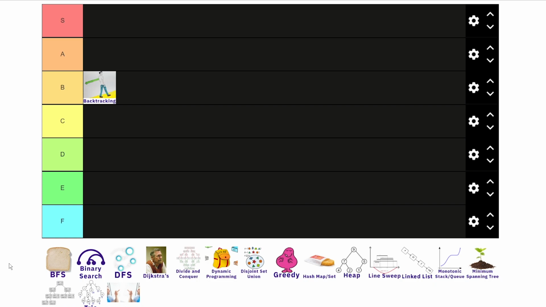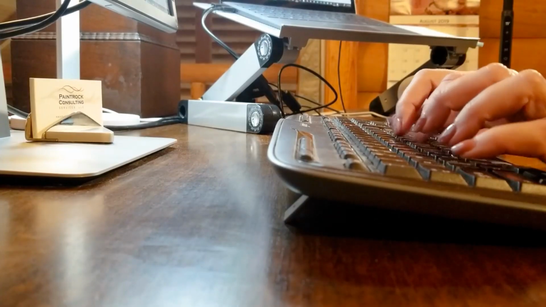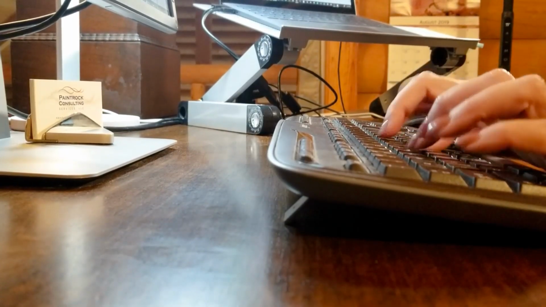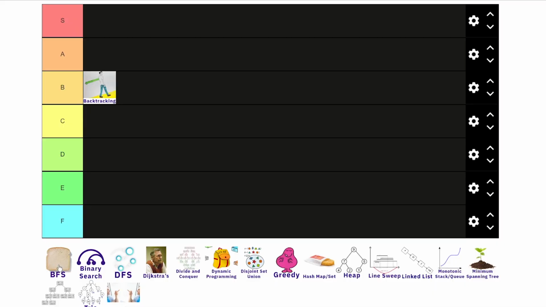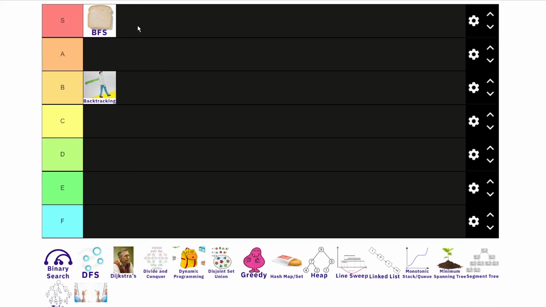Then from each of those, we write the second number, and so on and so forth. This is a pretty important algorithm, and if you master BFS and DFS as well, then you can pretty much solve almost 50% of algorithm problems on LeetCode or in the coding interview. So I'm going to put this in the S tier.